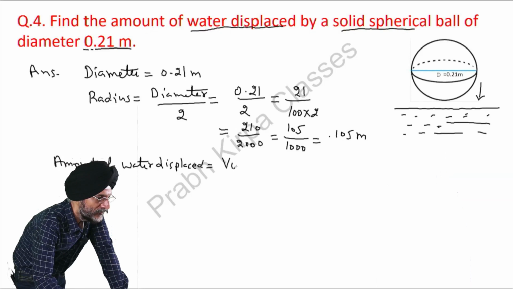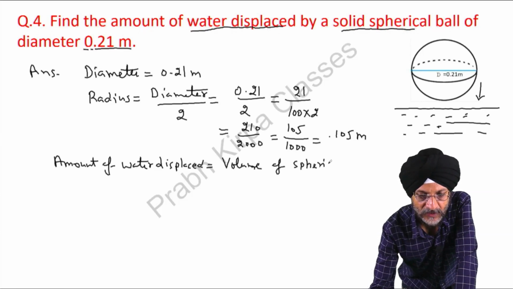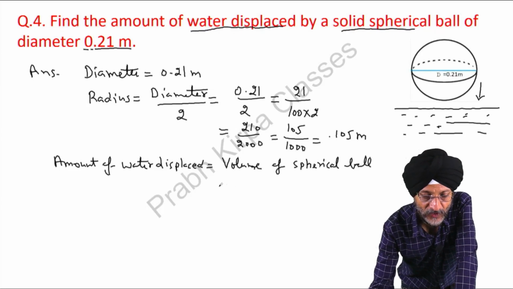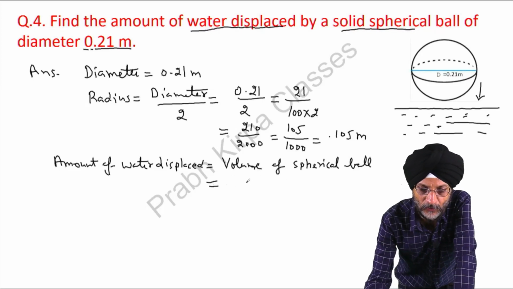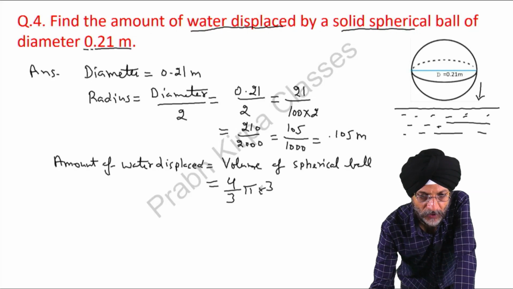So here we write amount of water displaced is equal to volume of spherical ball. Now, what is the formula for calculation of volume of spherical ball? It is 4 over 3 pi r cube.